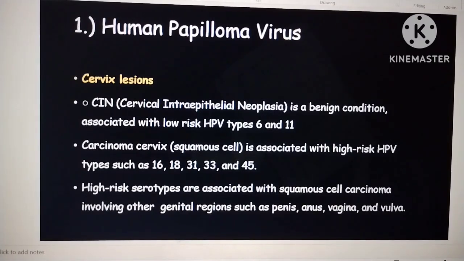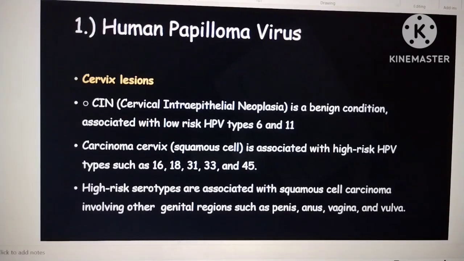The high risk serotypes are usually associated with squamous cell carcinoma, which can involve other areas like the penis, anus, vagina and vulva. So remember, squamous cell carcinoma is most commonly caused by human papillomavirus, which can cause both benign and malignant lesions.